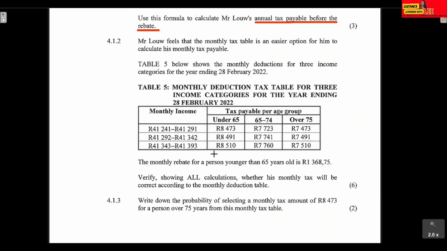If you're under 65 years old and you earn within the first category. If you're between 65 and 74 and you earn within the first category, and if you are over 75 years old and you earn within the first category. So that is what this table is telling us.